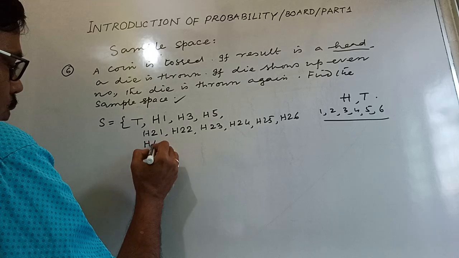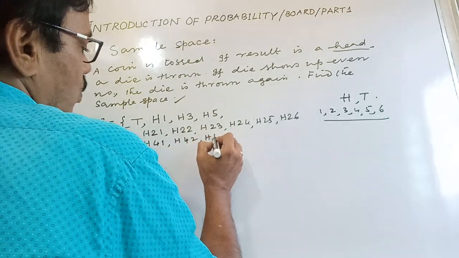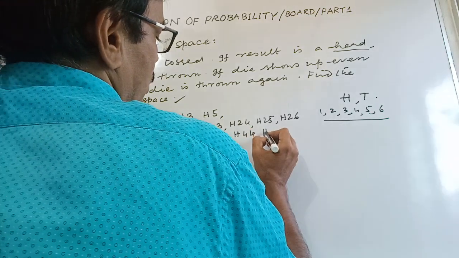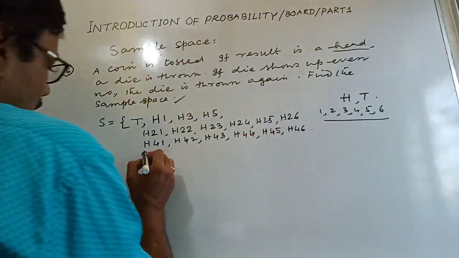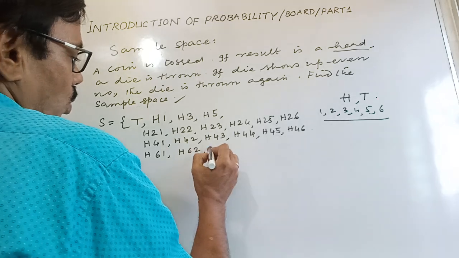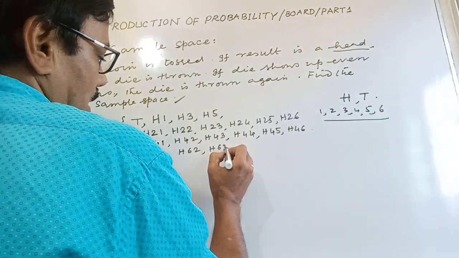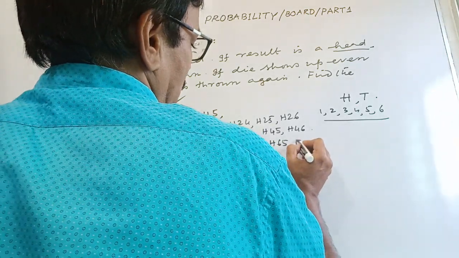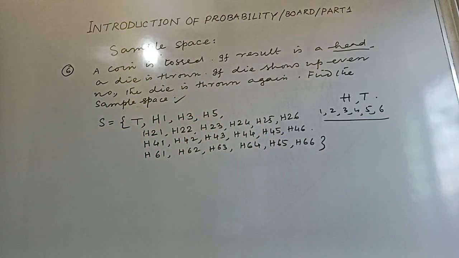Then 4 is also an even number: H41, H42, H43, H44, H45, H46. Then H61, H62, H63, H64, H65, H66. So these are the possible cases.